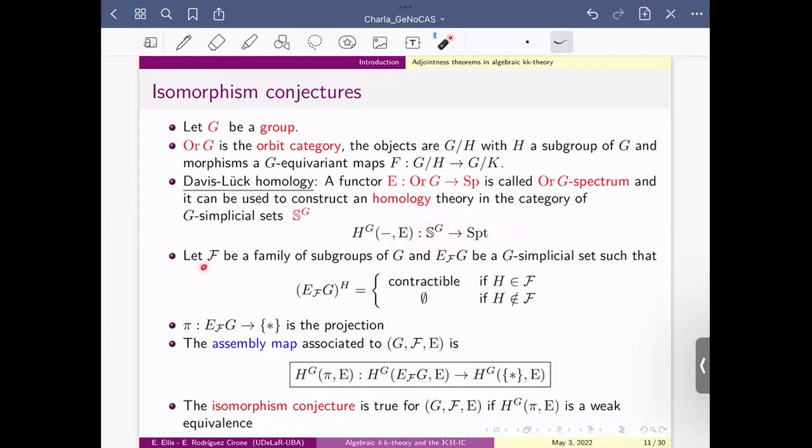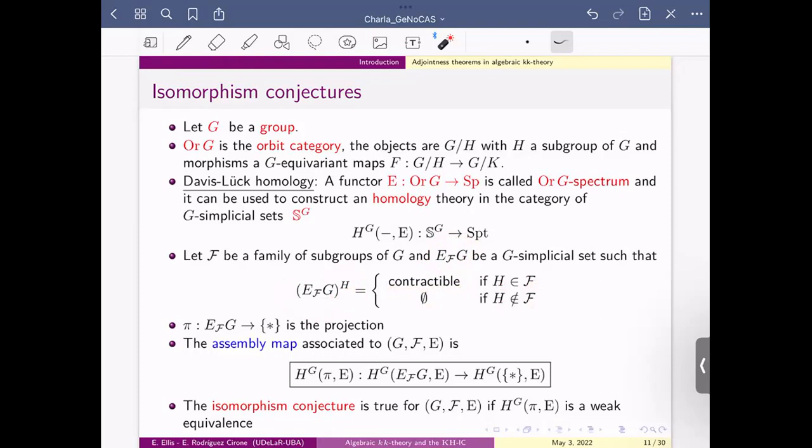Then, if we have a family of subgroups of G, we consider the classifying space of G associated to this family. This family is closed under taking conjugation and subgroups, and satisfies that if we take the fixed points of a subgroup H, this simplicial set is contractible if the group belongs to the family, and is empty if the group does not belong to the family.